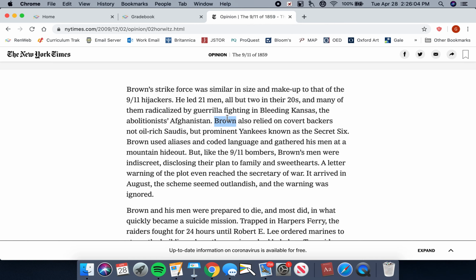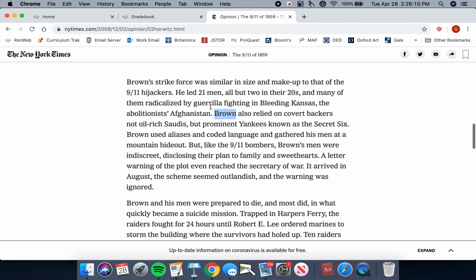So this is a significant argument and a significant parallel. Horowitz doesn't get into this. Obviously, I'm using Horowitz as a jumping off point, just as you should in your synthetic argument. That's how you use these sources.